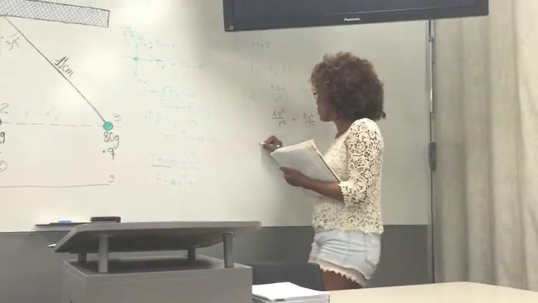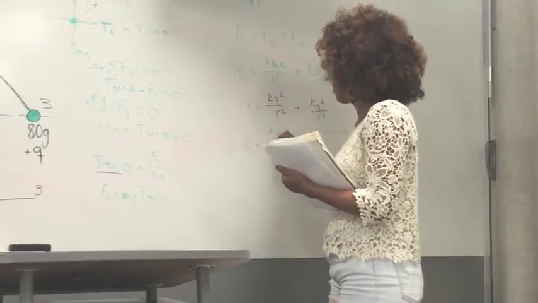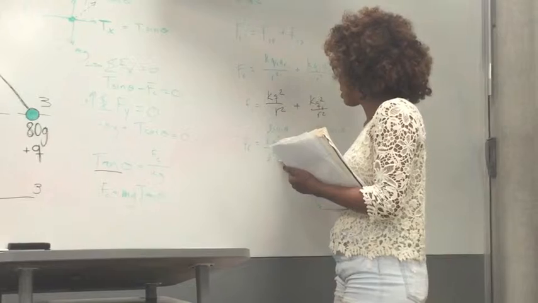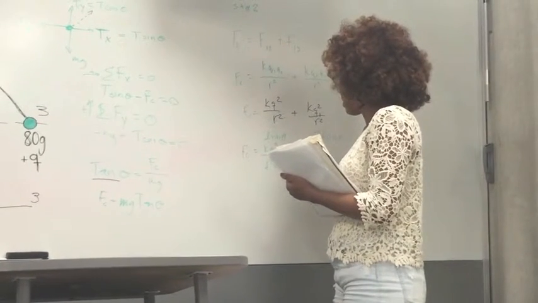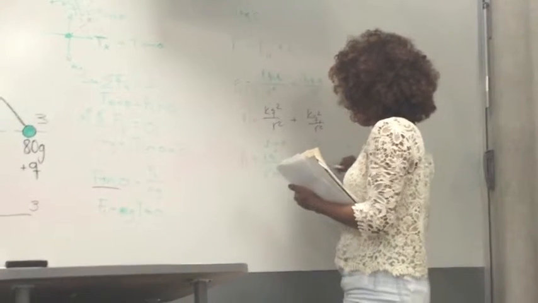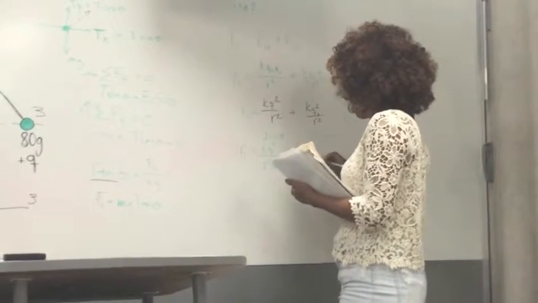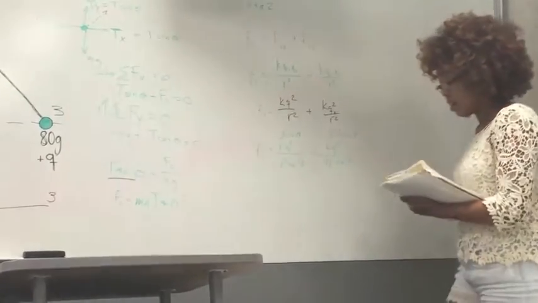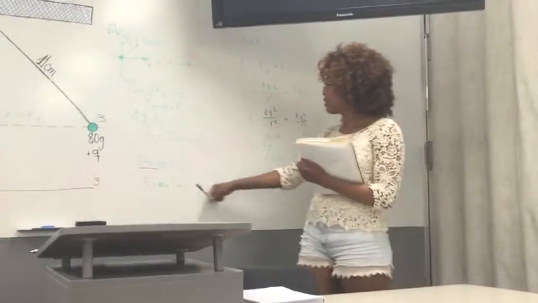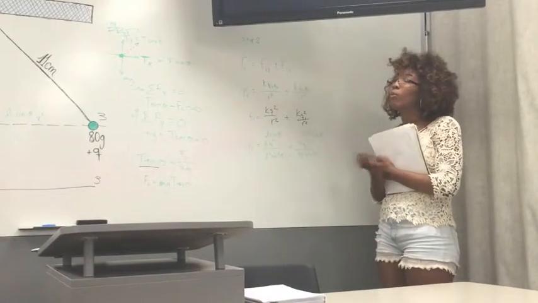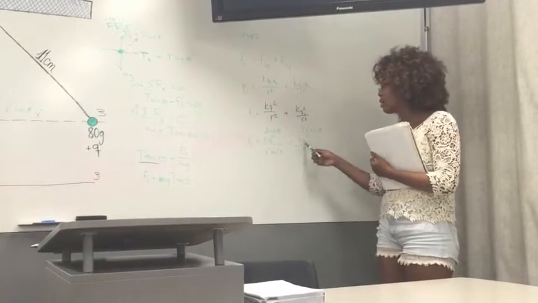So now if we plug in L sine theta to both of these and 2L sine theta, we will get that FC is equal to KQ squared over L squared sine squared theta plus KQ squared over 4L squared sine squared theta. Now, since we have 2 equations for FC, we now can set them equal to each other, because what we're solving for after all is our Q's.